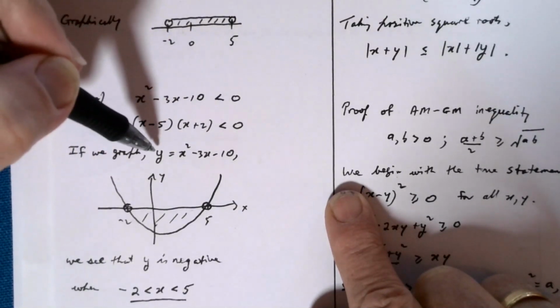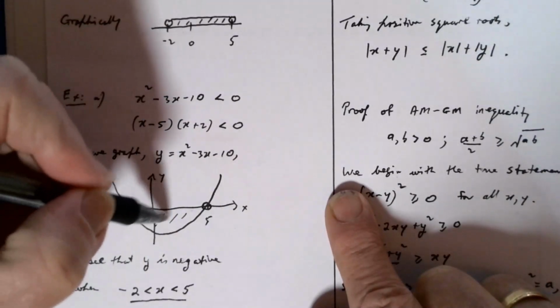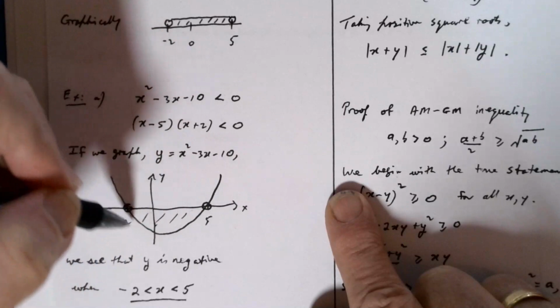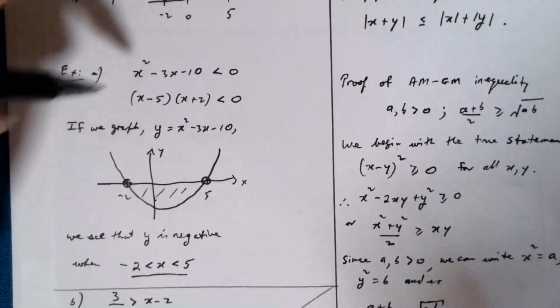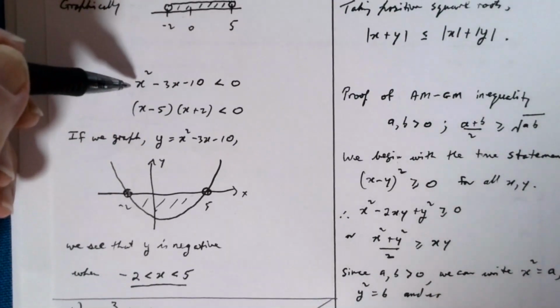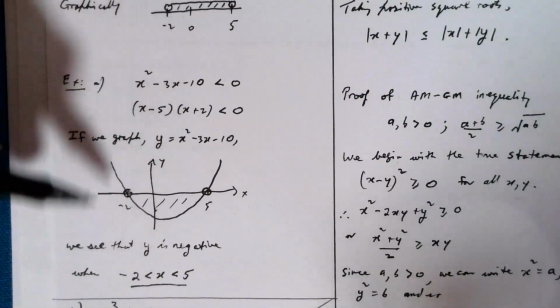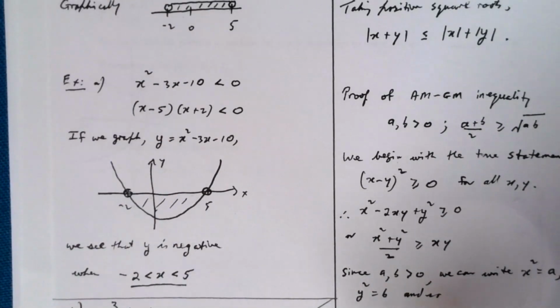That means where are the y values negative, and the y values are going to be negative in here. So I can read off from the graph that the solution to my original quadratic inequality is that x must lie between minus 2 and plus 5.